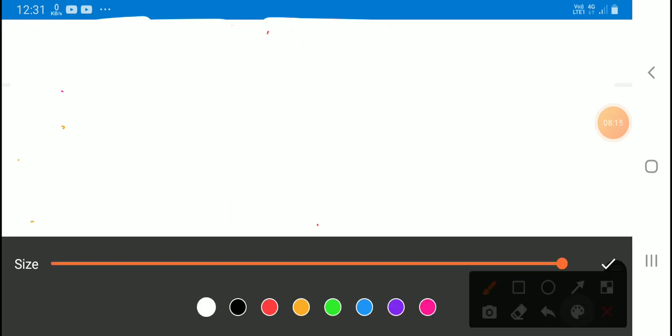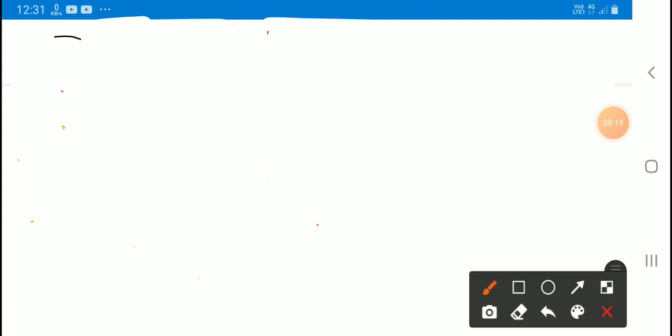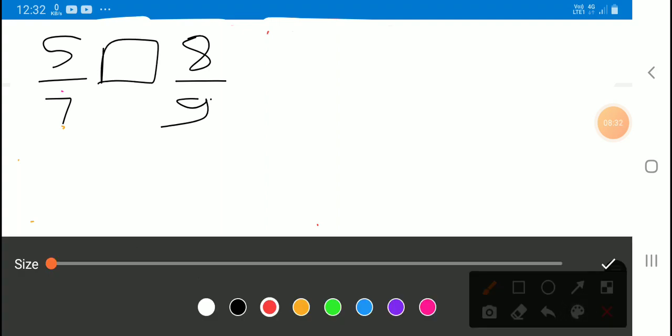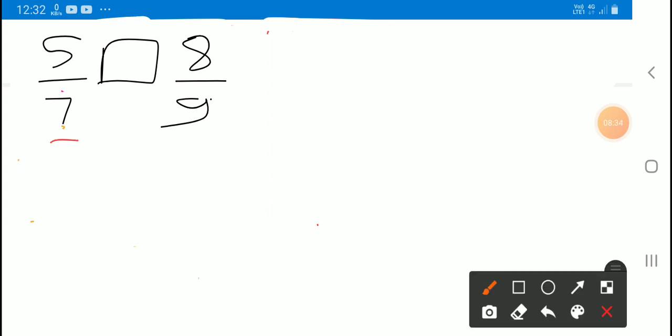Okay. So I will write here the example 5 upon 7 and 8 upon 9. Okay. So I have to compare these fractions. So first of all I have to convert the unlike fractions into like fractions.